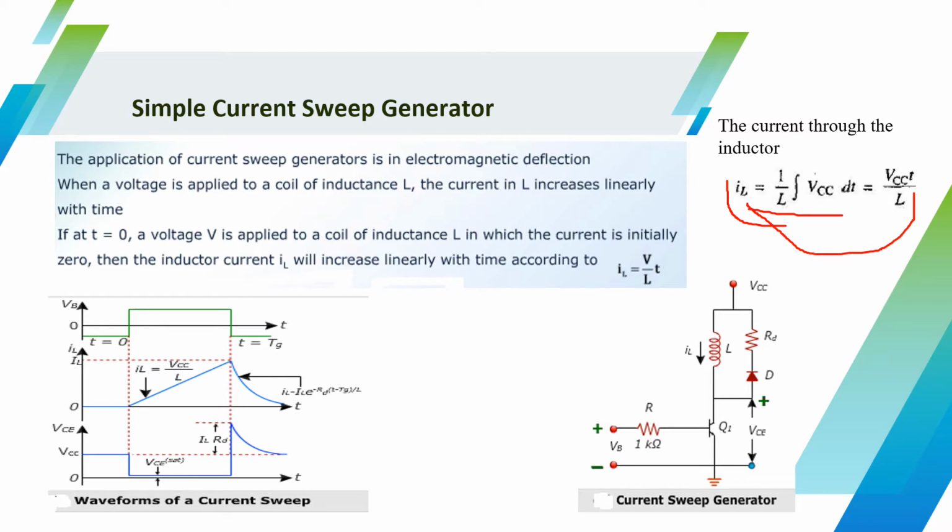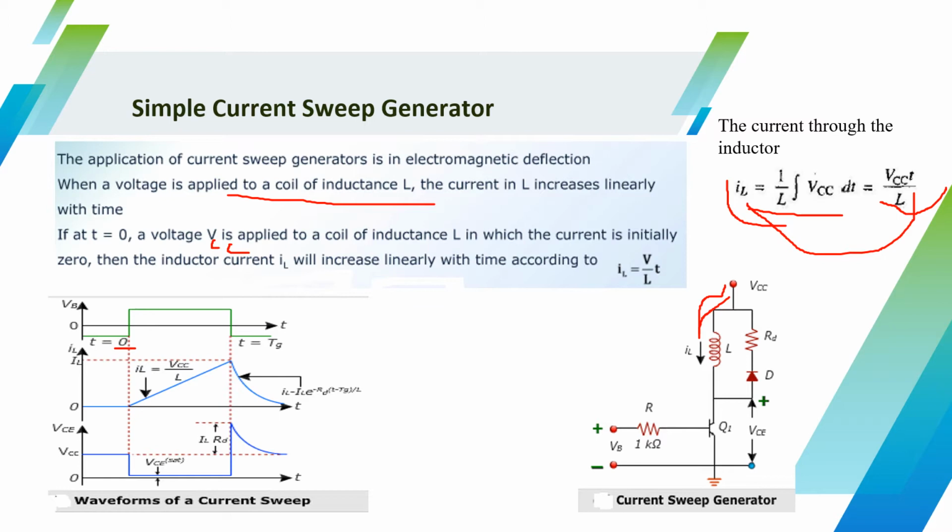When voltage is applied to a coil of inductance L, the current through L increases linearly with time. At t equal to 0, the voltage VCC is applied to a coil of inductance L, in which the current is initially 0.